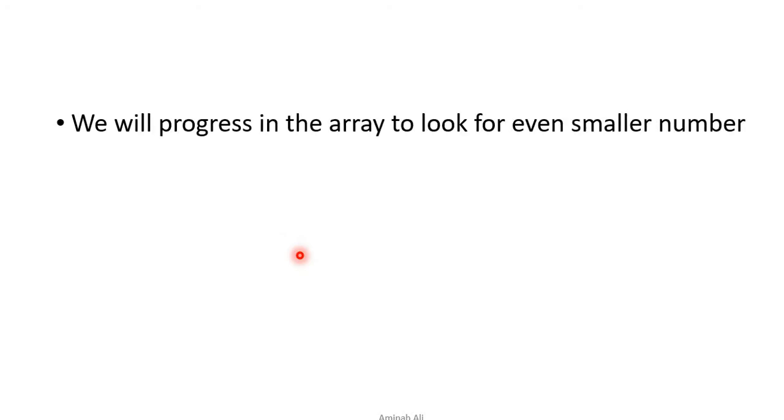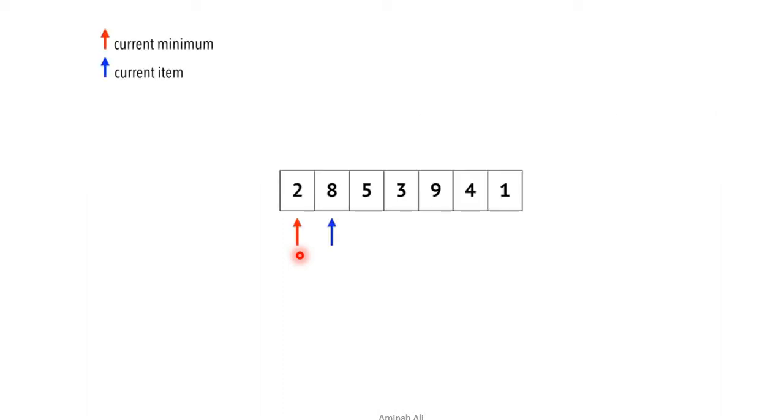Then we progress in the array to look for a number even smaller than 2. Right now 2 is the current minimum, but it was also the current item, and now we have to look in the whole array for a number smaller than 2. So this blue arrow will keep on checking all the numbers.